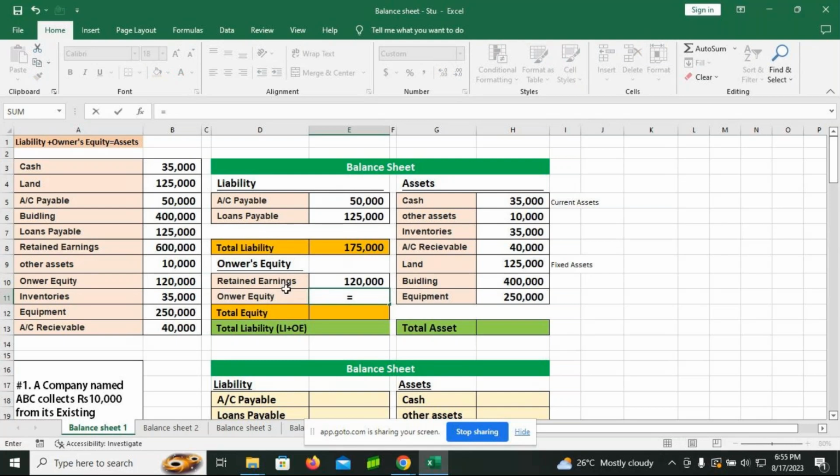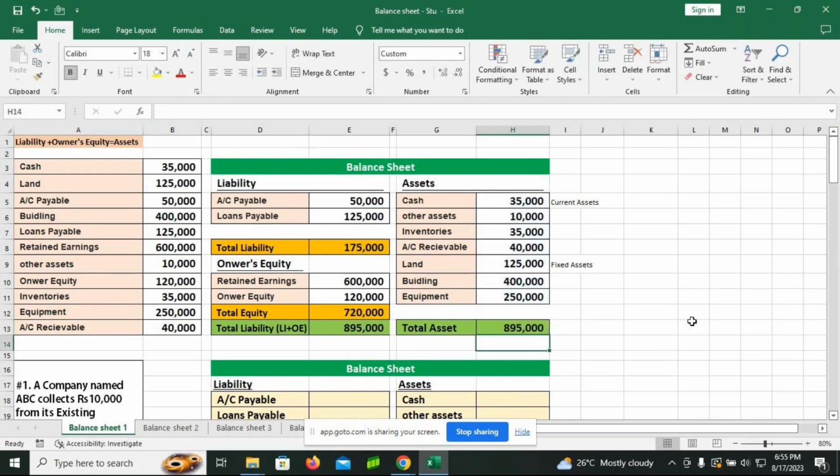Sorry, retained earnings 6 lakh. Owner's equity 1,20,000. So total equity, owner's equity, so total liability 1,75,000 plus 7,20,000. So here I'll press Alt equals enter. So both the places I have got the same values.